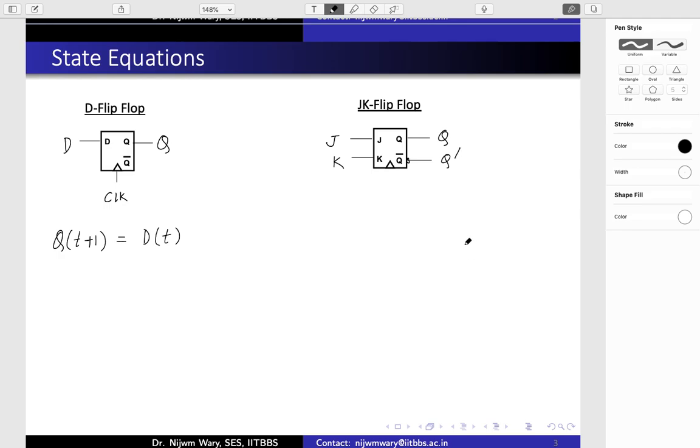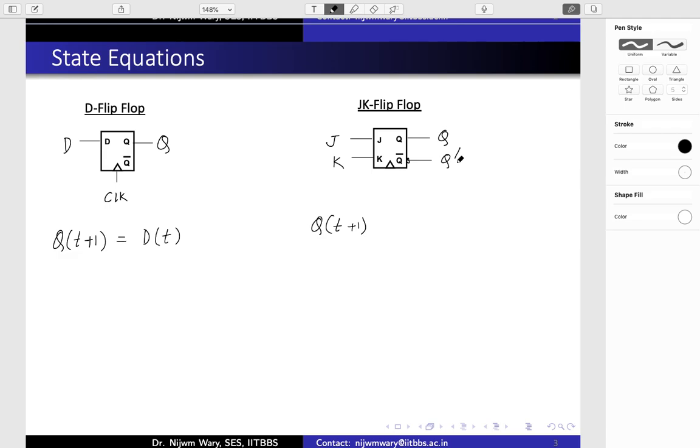Either you can use this notation or that one. In this case we need to write the expression for Q t plus 1, the next state of the output. Here the inputs are J and K and the outputs are Q and Q bar.